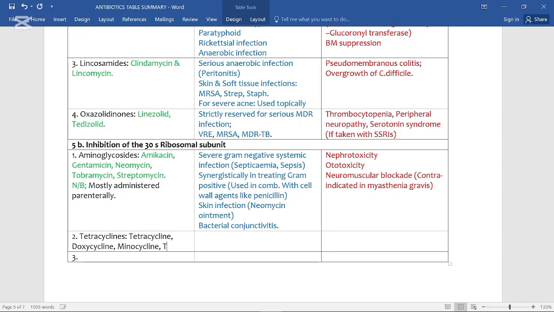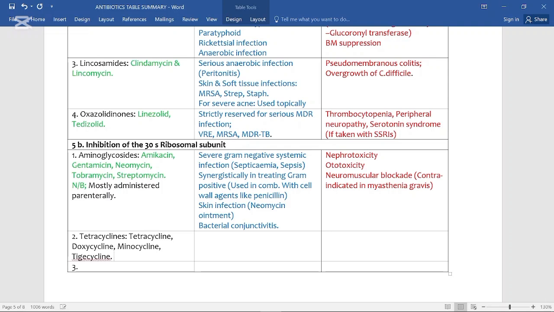We have the tigecycline, and others. This is another group of drugs that work by inhibiting the 30S ribosomal subunit, the tetracyclines. Very common drugs that we come across in our healthcare facility or in exams.